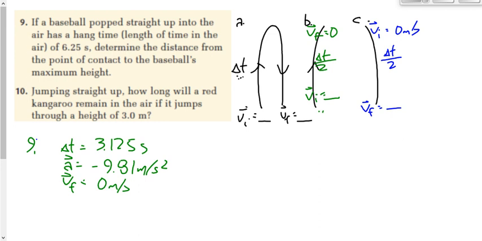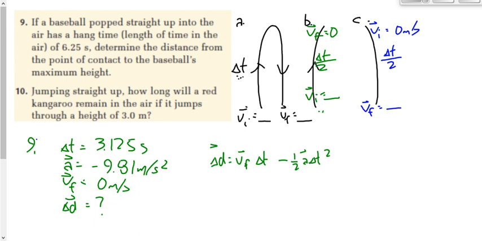Let's find displacement here. I think all we're going to do for this one is say d is equal to VFt minus 1/2 at squared. Does that seem right? I think so.